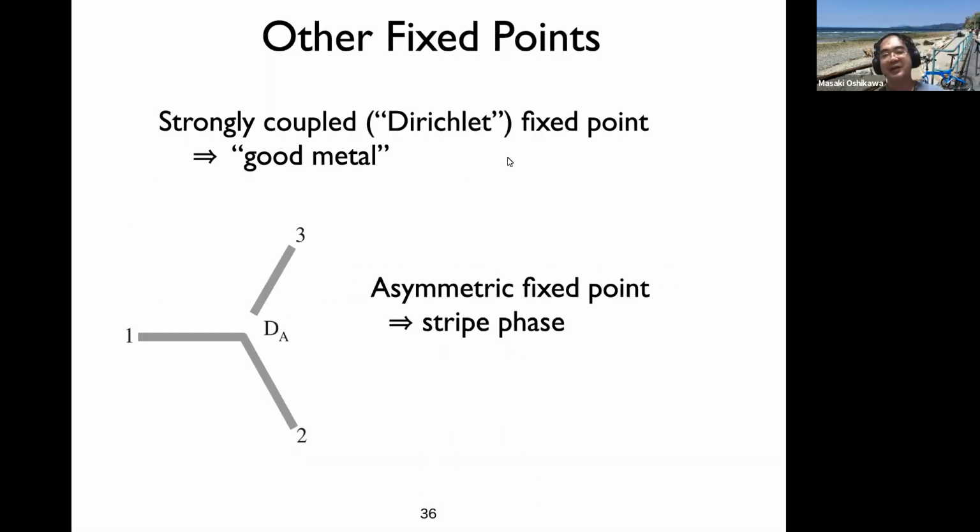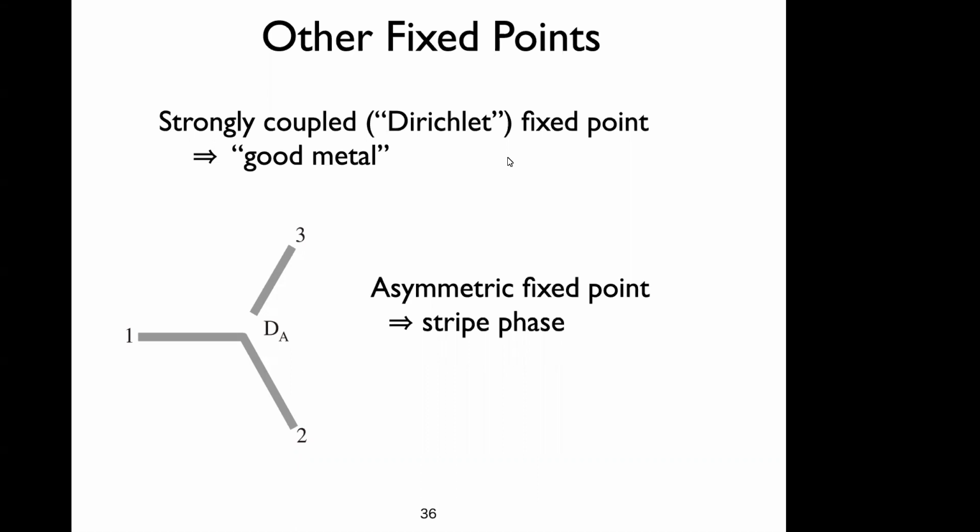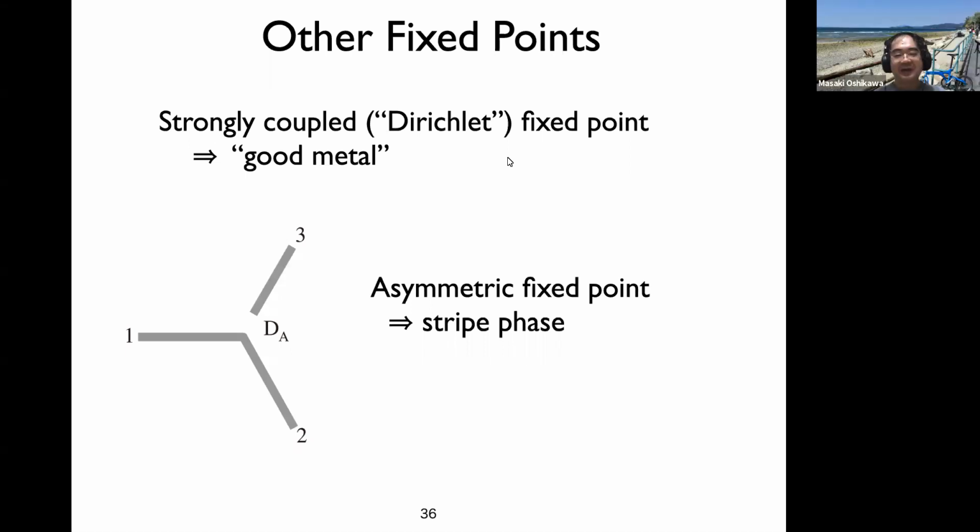Strongly coupled means that the superconducting order parameter matches at the junction. If we can realize this Dirichlet fixed point at each junction, then the superconducting order parameter coherently propagates through the system. So the entire 2D network may behave like a superconductor, like a 2D array of Josephson junctions. Yeah, something like that.